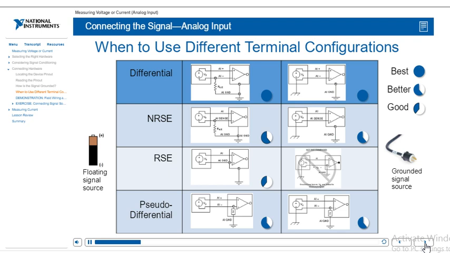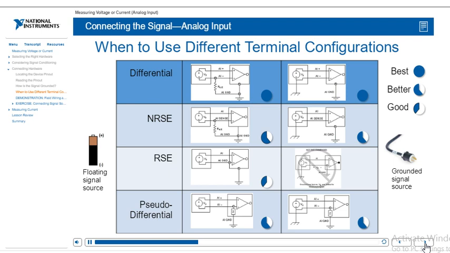I don't expect you to walk away knowing all of it. Just realize that the general recommendation is to use differential, as it reduces noise pickup and avoids ground loops, and that the only combination we never recommend is a reference single-ended setup with a grounded signal source.